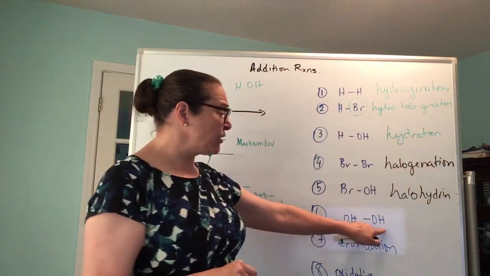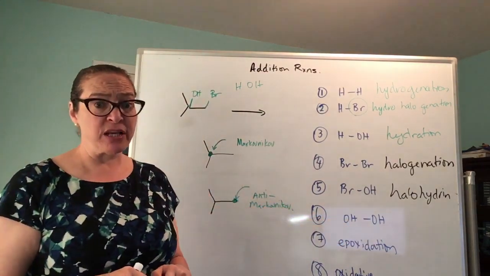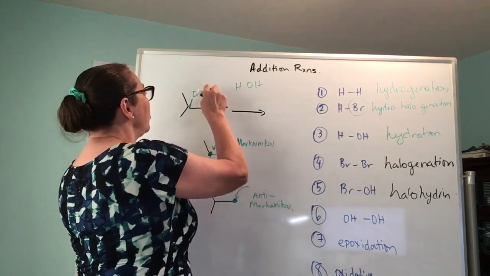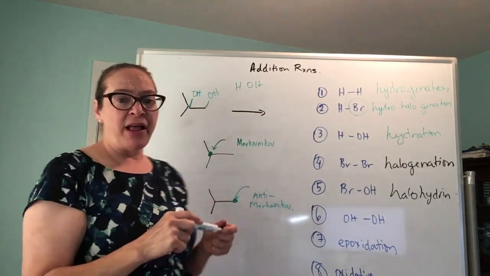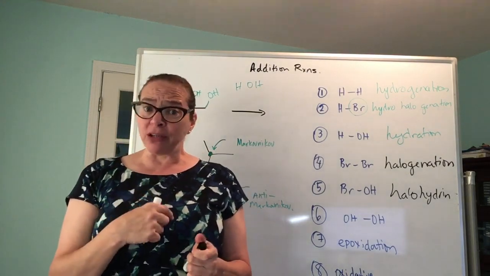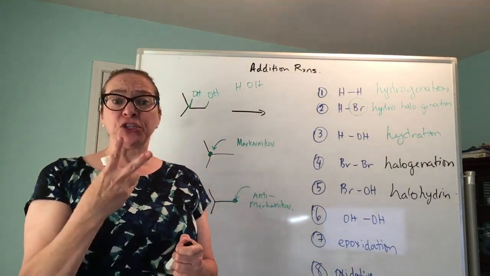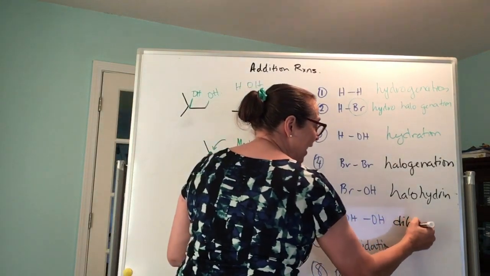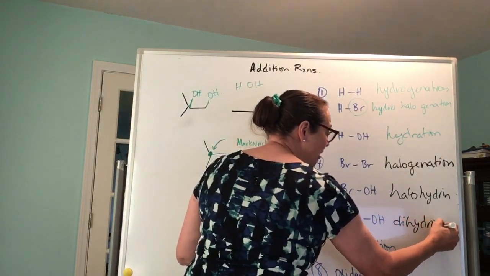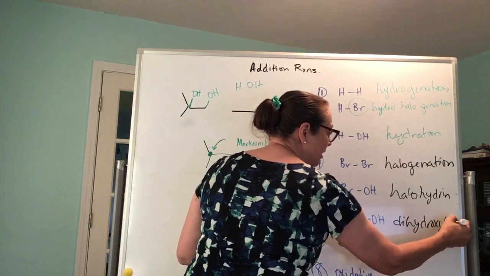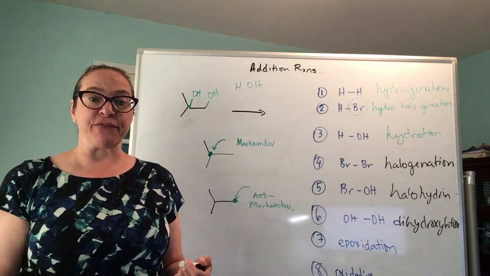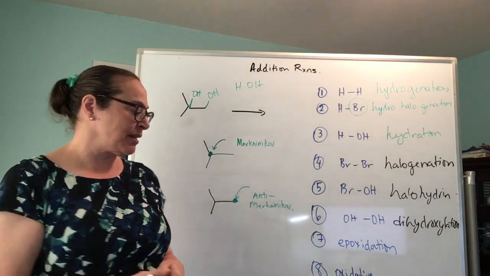And finally, if we add two OHs across, so we have an OH on either side, what would we call that? Well, these are hydroxyl groups. So if we have two hydroxyl groups, that would be a dihydroxylation. So a reaction that's adding two OHs is known specifically as a dihydroxylation.